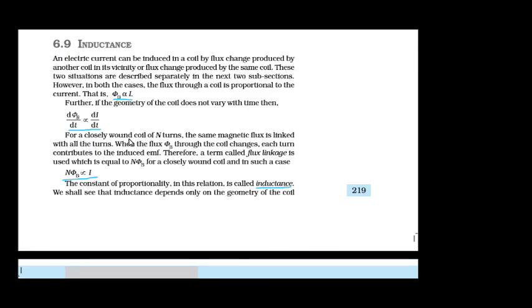For a closely wound coil of N turns, the same magnetic flux is linked with all the turns. When flux phi B through the coil changes, each turn contributes to the induced EMF.